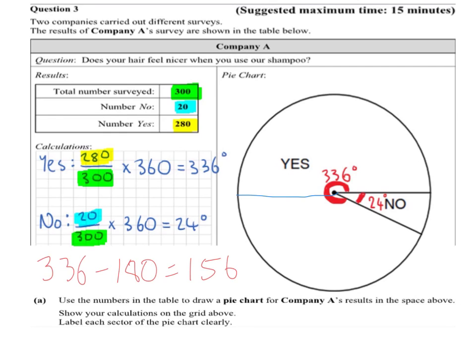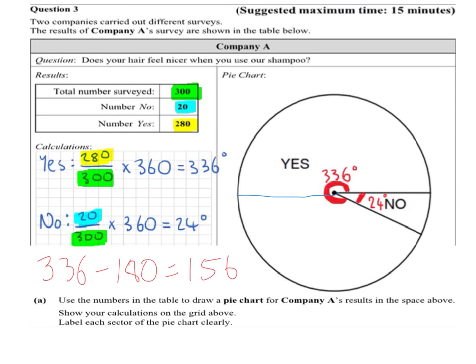Now the other way of doing it would have been to get the no angle and draw that out, and what's left over would be the yes angle. To get the no angle, we take the number of people who said no in the survey, which is 20. Again, it goes over the total.